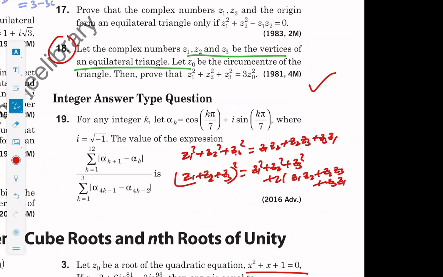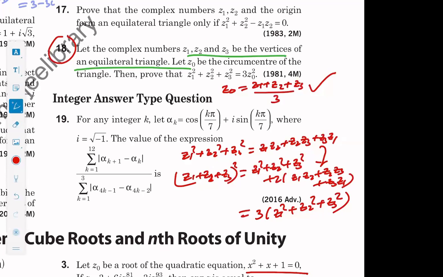So if I put this value here, I will get 3 times Z1 square plus Z2 square plus Z3 square. In case of an equilateral triangle, circumcenter is the same as centroid. So Z naught will be equal to Z1 plus Z2 plus Z3 by 3. So this value is equal to 3 Z naught whole square.